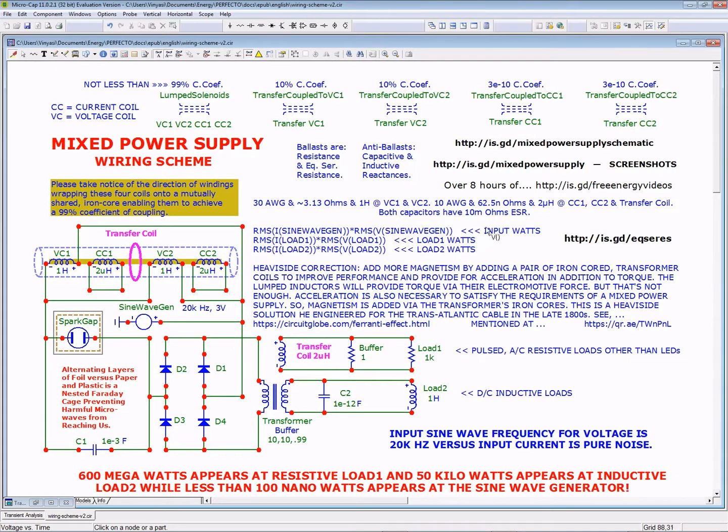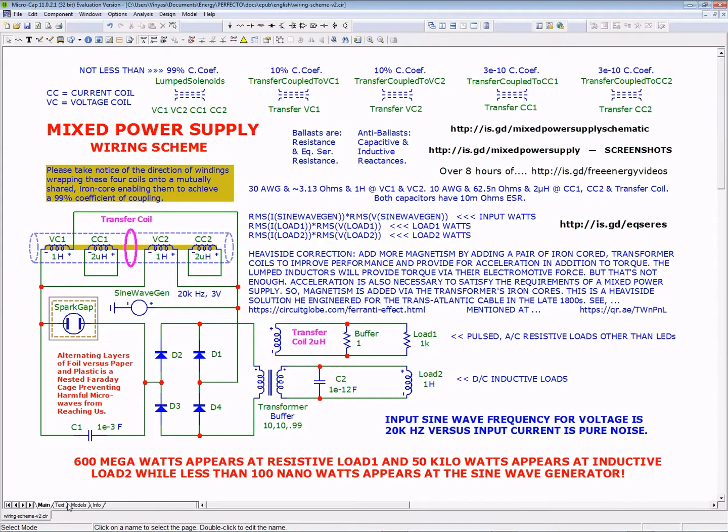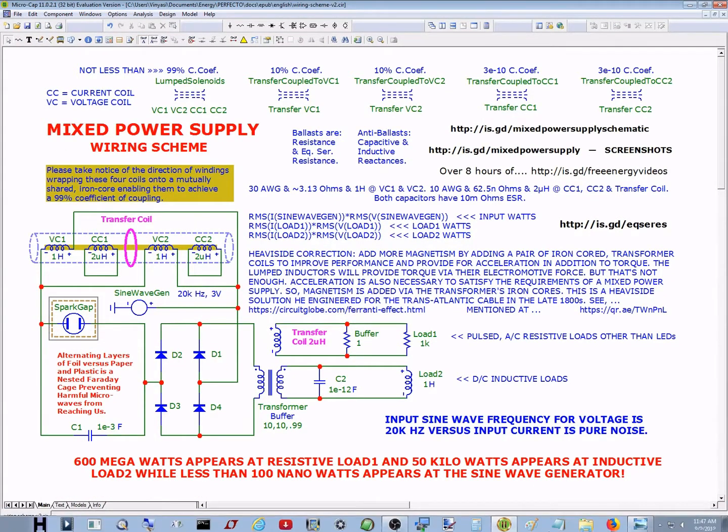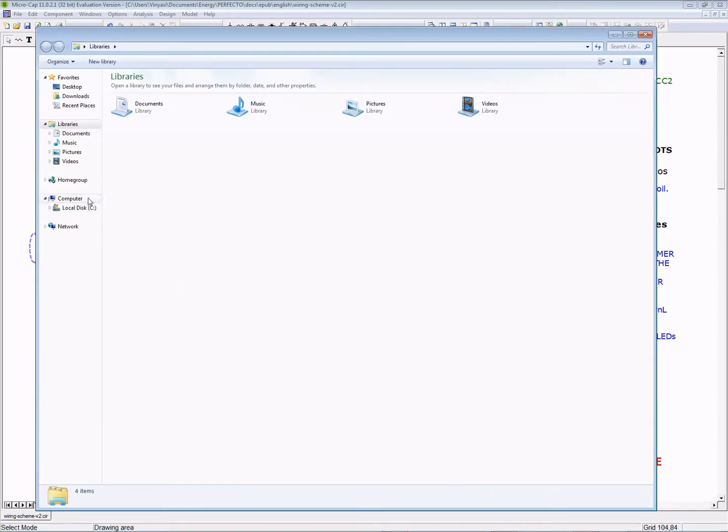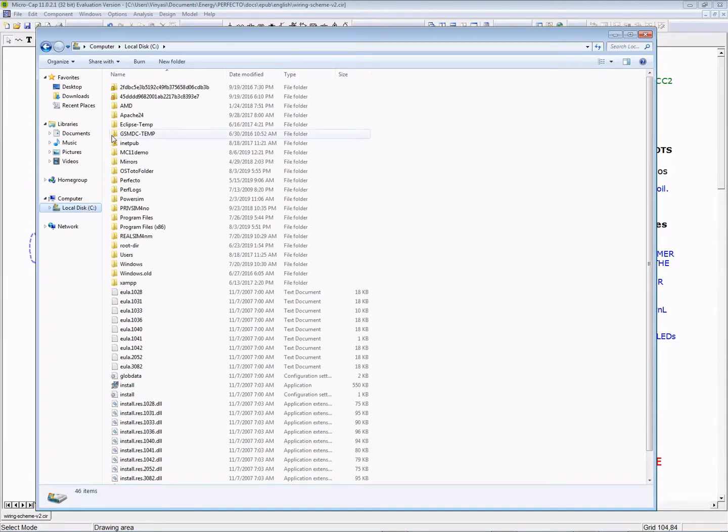Ooh, something's gone fluey on me. Uh-oh. Oh, well. Unplanned events occur. Let's see.